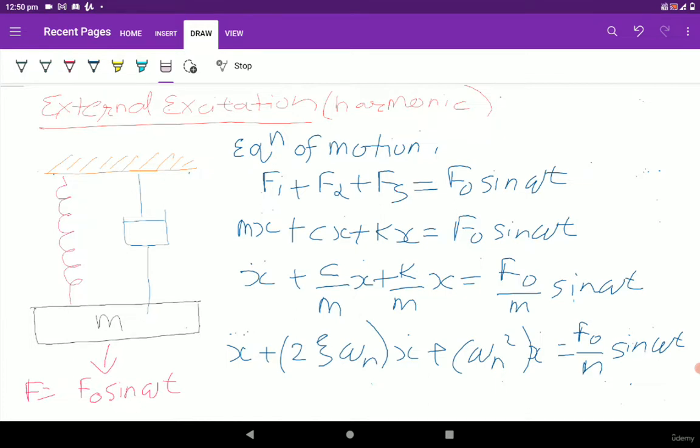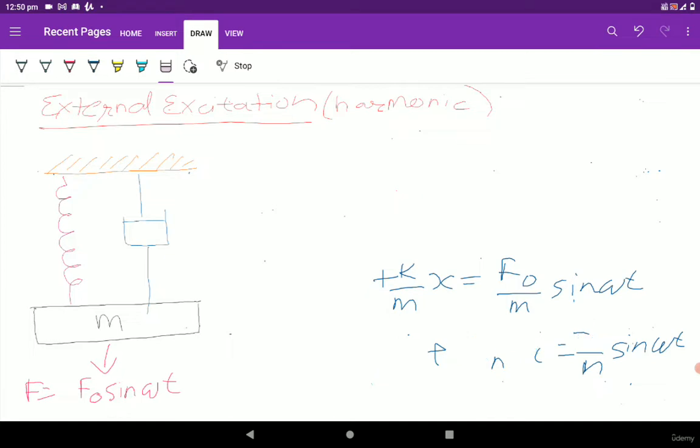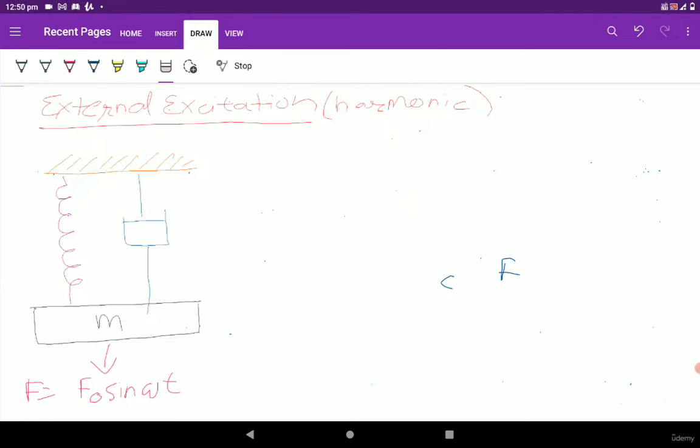So the solution of x is equal to a function of t.